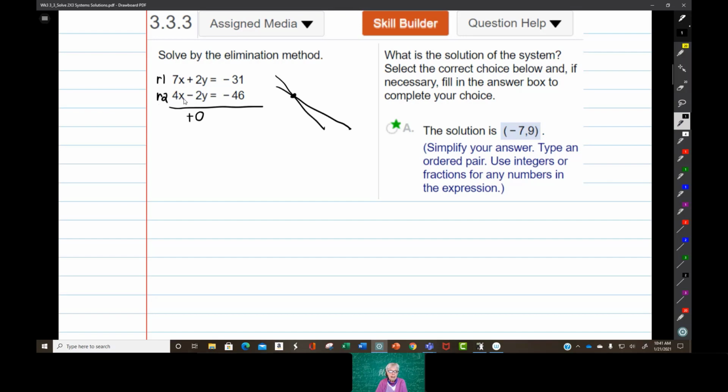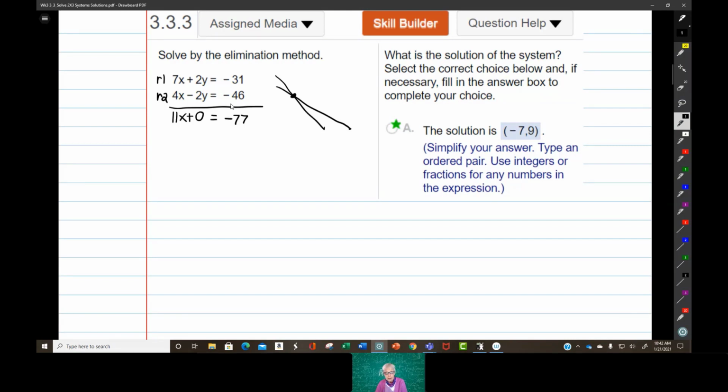7x plus 4x is 11x equals. Now this is negative 31 plus negative 46, and when you add two numbers, you just add the numbers. 1 plus 6 is 7, and 3 plus 4 is 7, and because they're both negative, the answer is going to be negative.